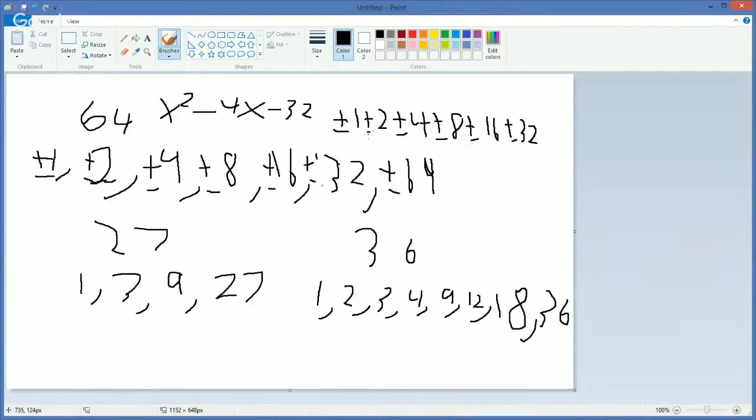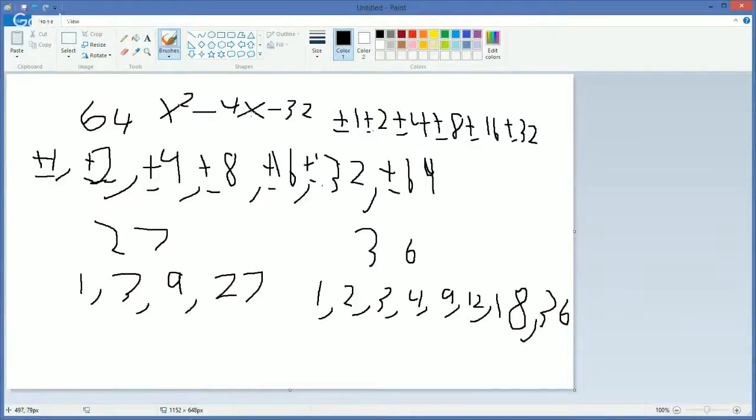What you need to do is, by being aware that each of these numbers could multiply with another one to get to 32, punch in each of these numbers into the general expression and see whether the whole thing adds up to 0. If it does, you know you've got a factor of the polynomial. If it doesn't, you know to go to the next one.